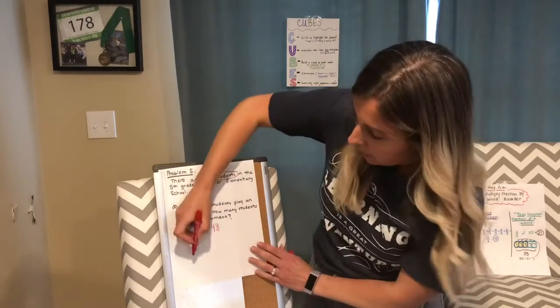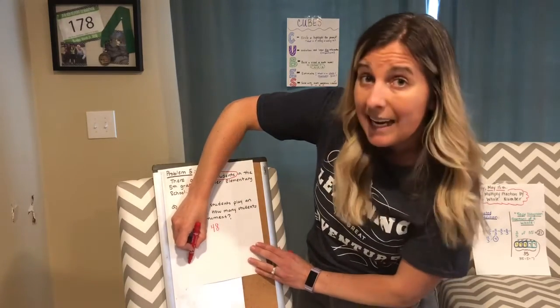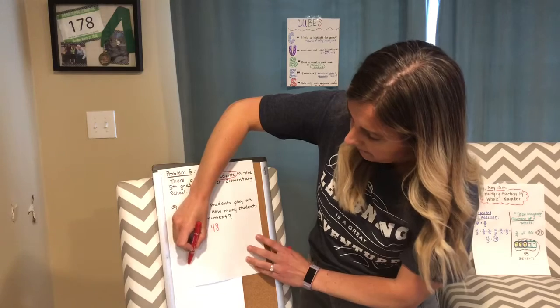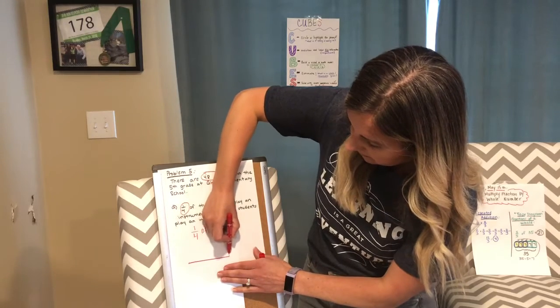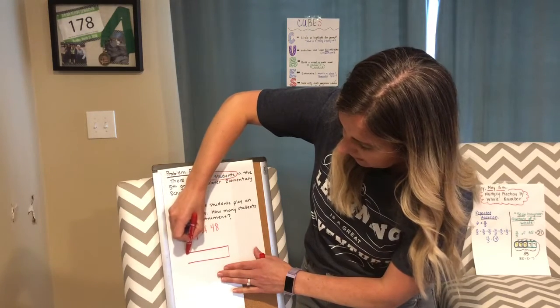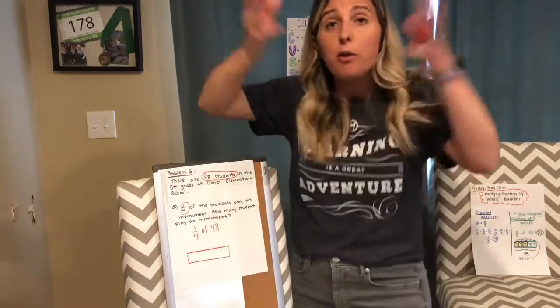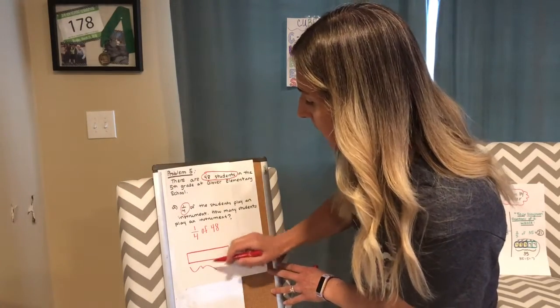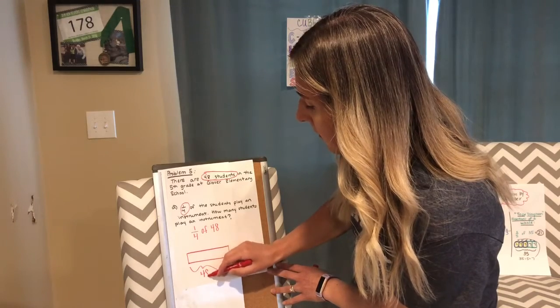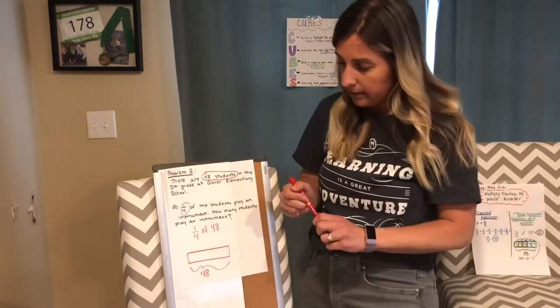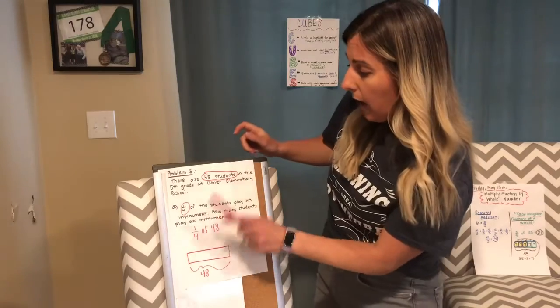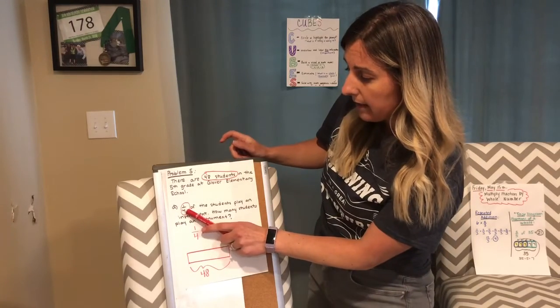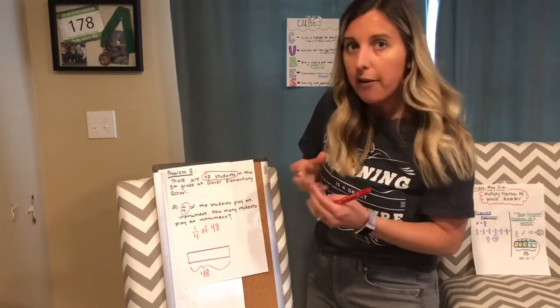So my strip diagram or my tape diagram here is going to represent my total 48. So this whole thing represents 48. Now, I'm talking about taking fourths of this 48.